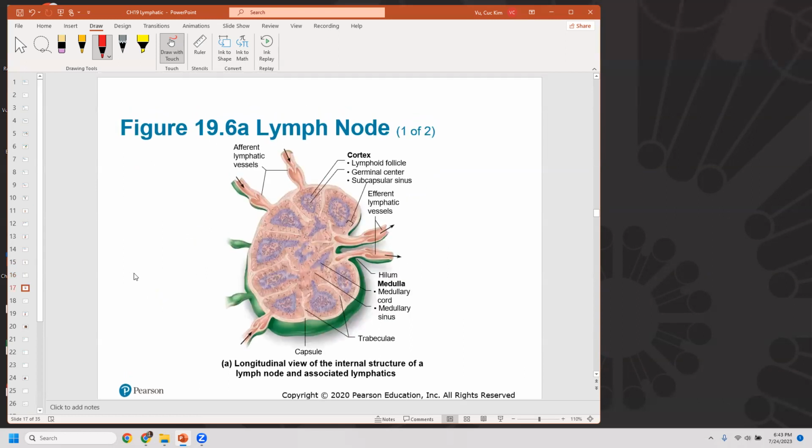All right, so here's a dissected or cut in half lymph node for you to see. What do you notice here?